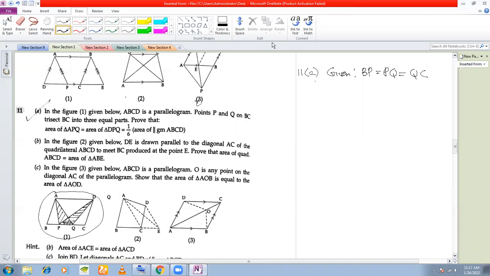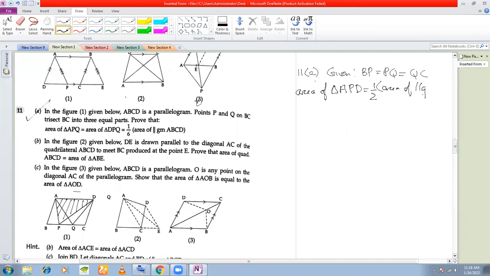Okay. So how do we begin? First, what you realize is this triangle that you see. Can we say the area of this triangle is half of the entire parallelogram? Can we say area of triangle APD is equal to half area of parallelogram ABCD?